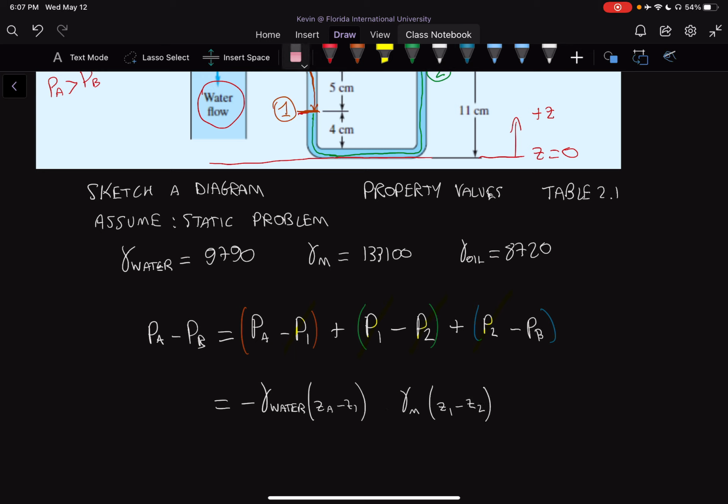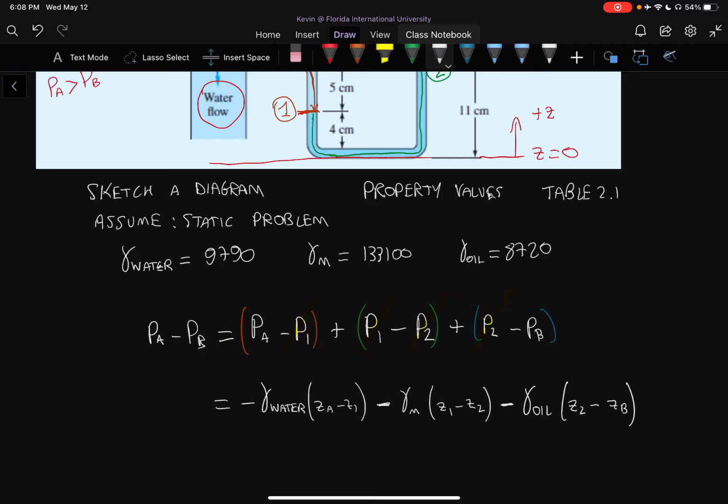You have to put a negative here, so this is negative because pressure 1 minus pressure 2 is negative gamma Z1 minus Z2. And finally, negative gamma of oil multiplied by Z2 minus ZB. So that's our 3 equations for our 3 brackets from the definition of the change in pressure with height when we have a static system.